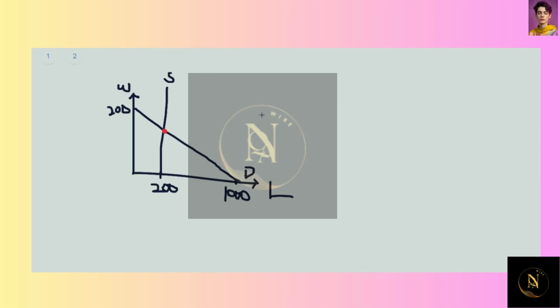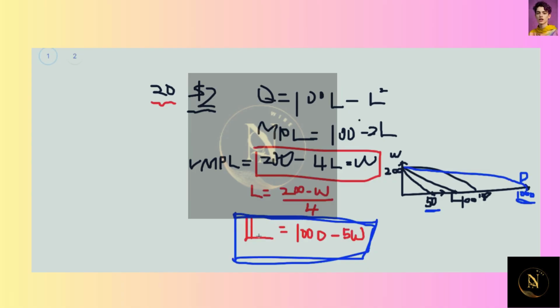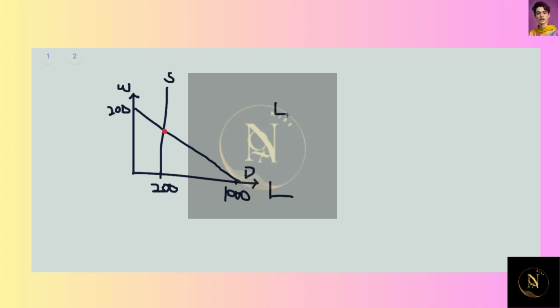So given this information, we can solve the equilibrium wage, which is the point right here. So we just have that this demand curve looks something like this. L demand equals 1,000 minus 5 times wage.